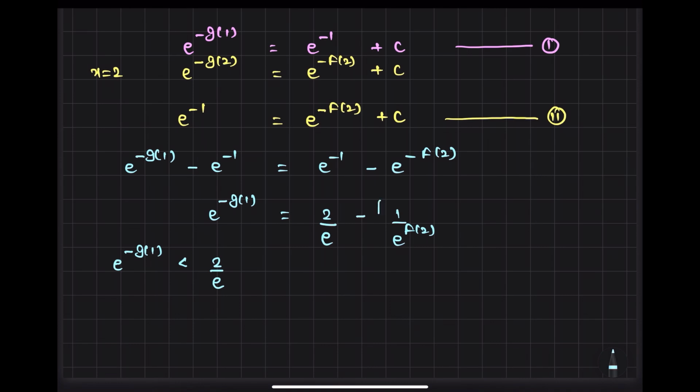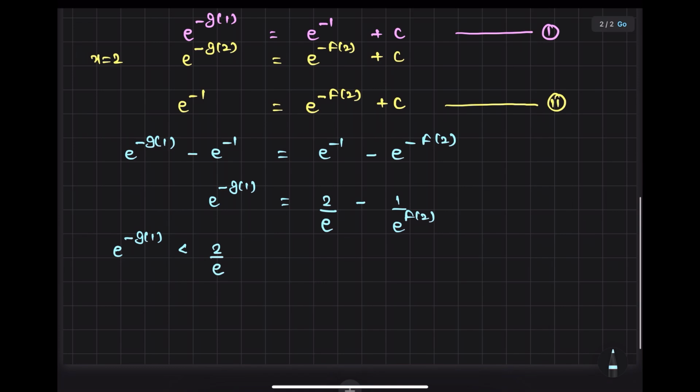If I ignore this component, you know that it cannot be 0. It will be a positive quantity. So you are subtracting something from this, so 100% it will be positive only. So this component will be lesser than that. Okay, so I feel that this is less than this.